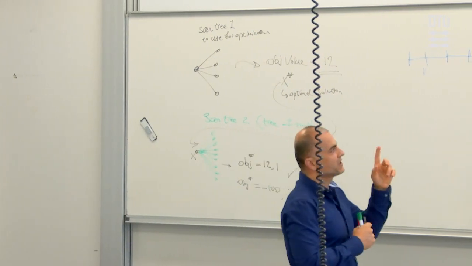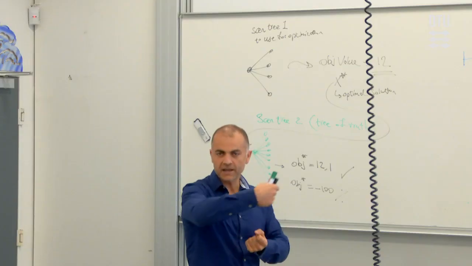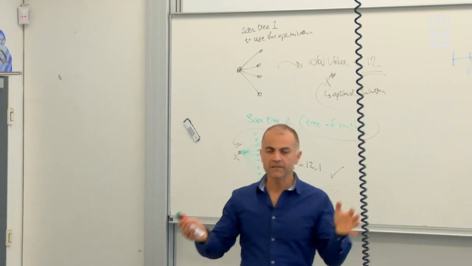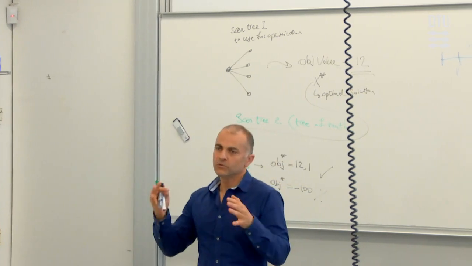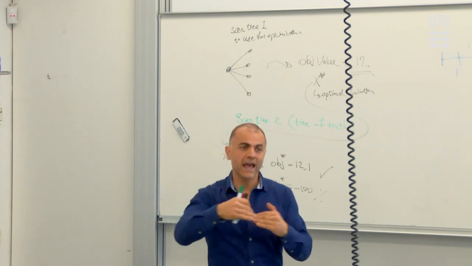So this is the process of testing a strategy on prior time periods in order to gauge its effectiveness. You go back in time and start running your model, and then after the fact, every time, let's say you come 1 quarter forward, you have the data, you know exactly what happened. You go and calculate the impact of what actually happened.